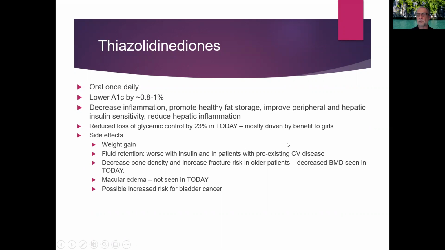Interestingly, the benefit was mostly driven by benefit to girls. The side effects include weight gain, which appears to be mostly subcutaneous. There can be some fluid retention that's worse with insulin and in patients with pre-existing cardiovascular disease, which is not usually the case in kids, which may make kids the perfect patients for thiazolidinediones.